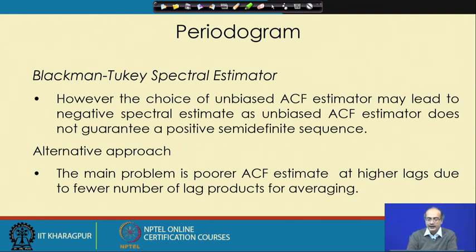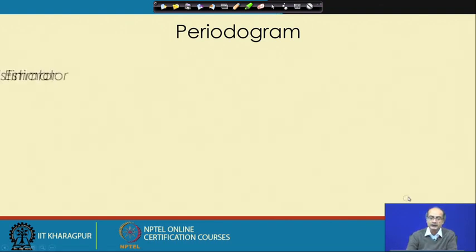The higher the value of lag, we have fewer terms for them and we get a more and more poor estimate of the ACF as we go for higher lag because of lack of averaging. So, we need to think from that angle and do something.